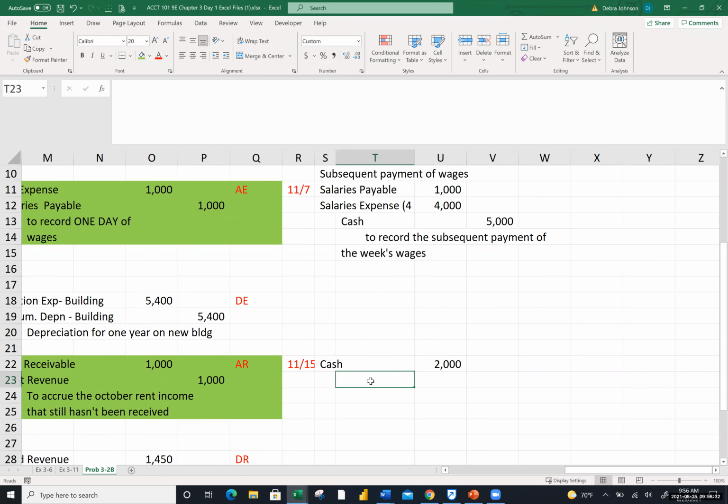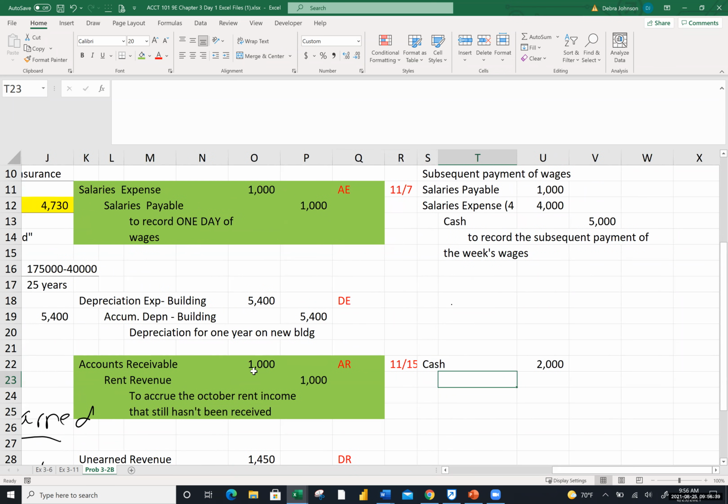But I can't put the whole thing to rent revenue because I've already recorded $1,000 worth. So here's this receivable sitting over here. If the guy brings you the rent that he owed you, we got to get rid of this receivable because he doesn't owe it anymore. And so what I would do is bring that accounts receivable down by 1,000 because it's not owed anymore, and put the new rent revenue on the books for this fiscal year for the 1 month for November that is being paid.